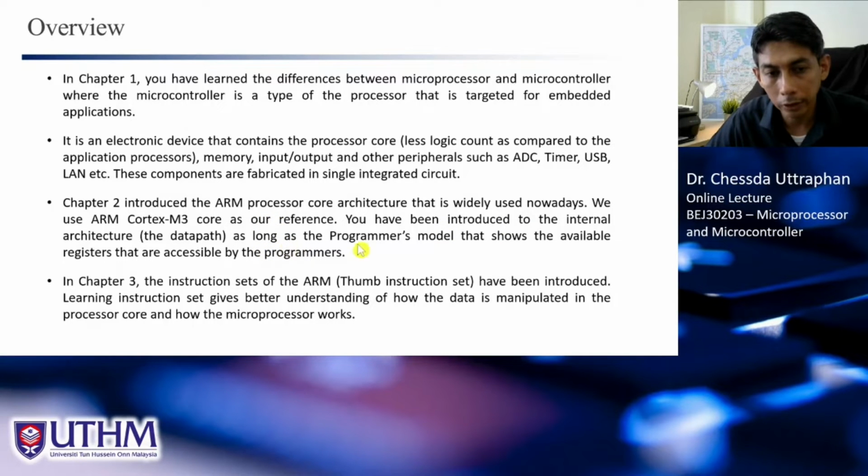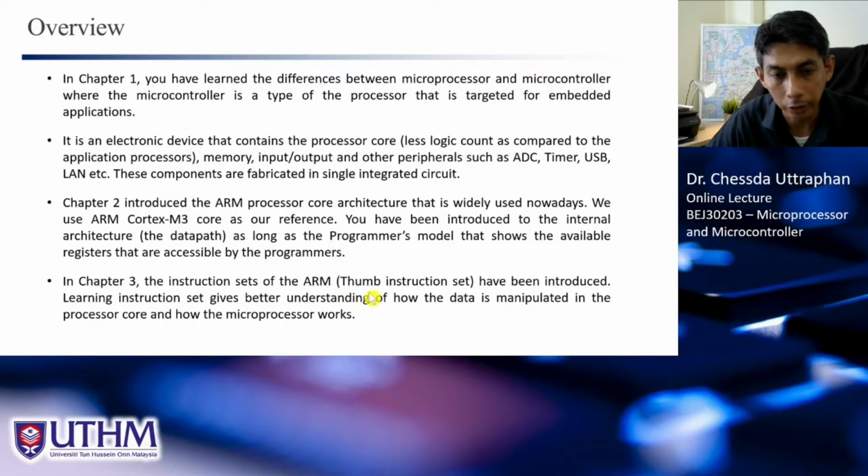And we have also learned what the programmer model is, which is the available resources that we use in order to write the program, especially in assembly programming, right? And in chapter 3, we have learned most of the important instruction set, right?